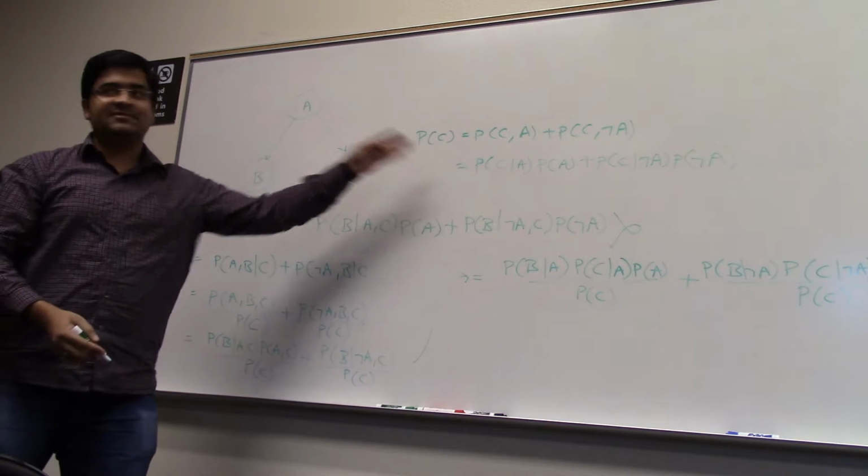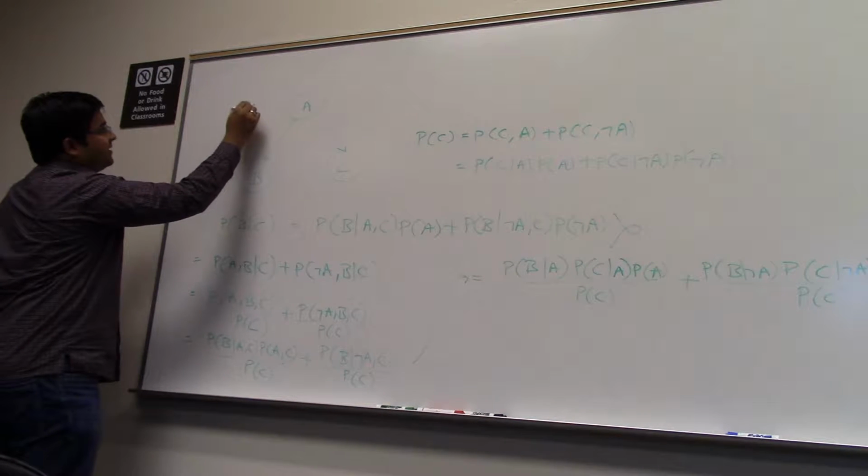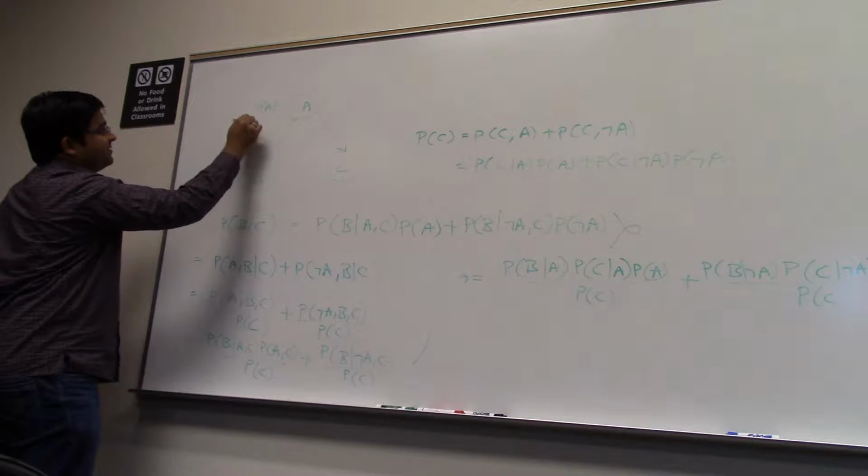These are all available from the CPTs. So basically, we have P(A) and P(not A) from CPTs.